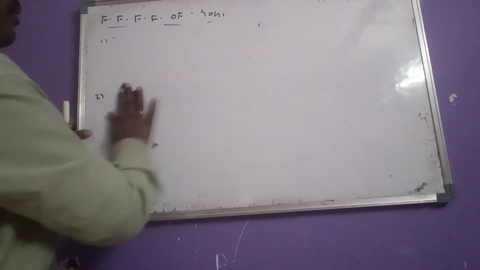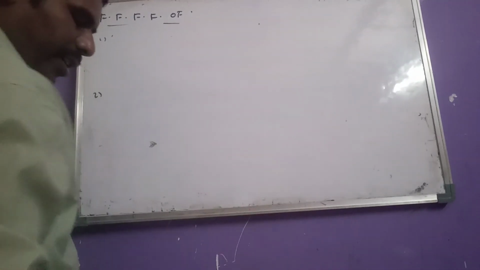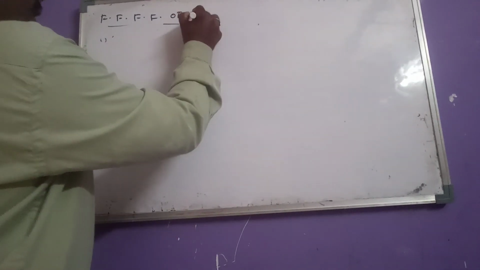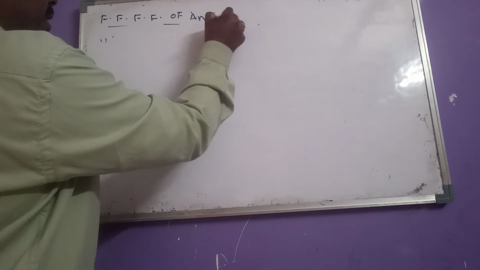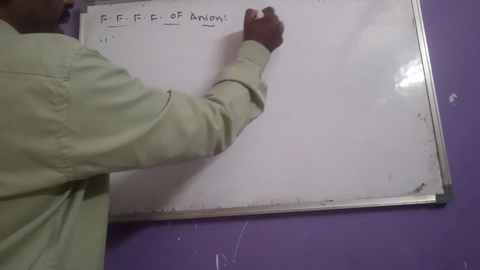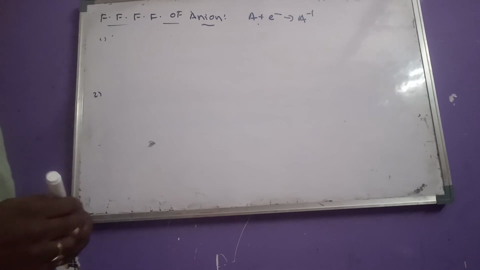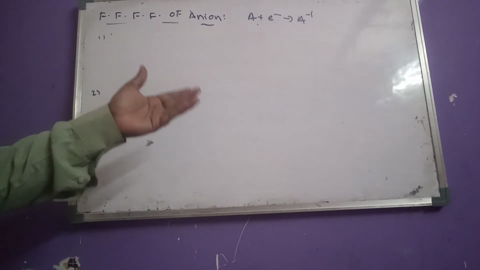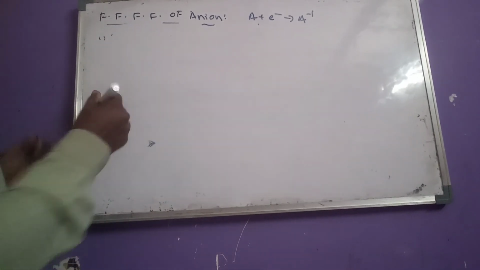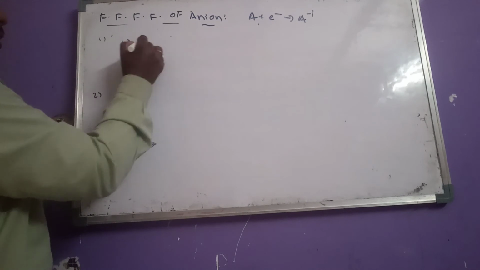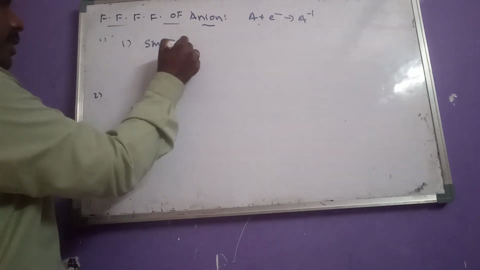Now let us see the favorable factors for the formation of anion. We know that an anion is formed by gaining electrons. So what are the favorable conditions? First one, smaller atomic size.